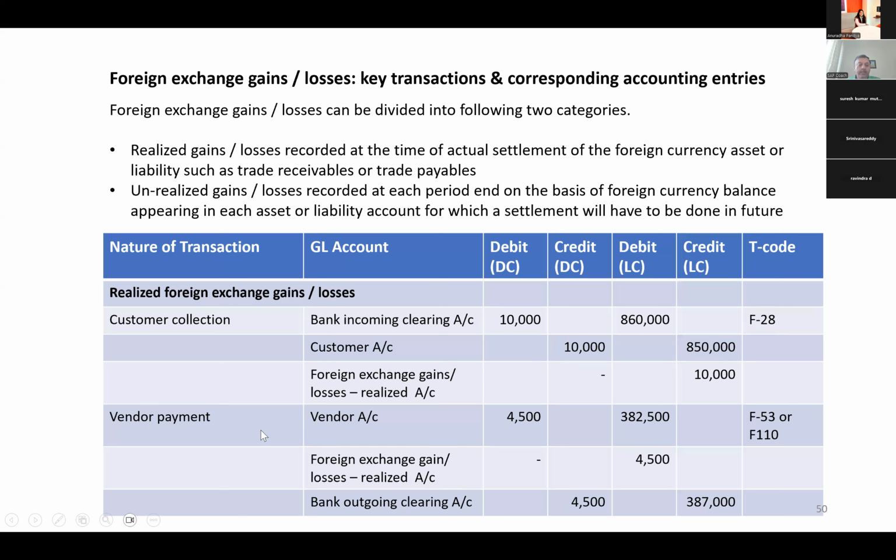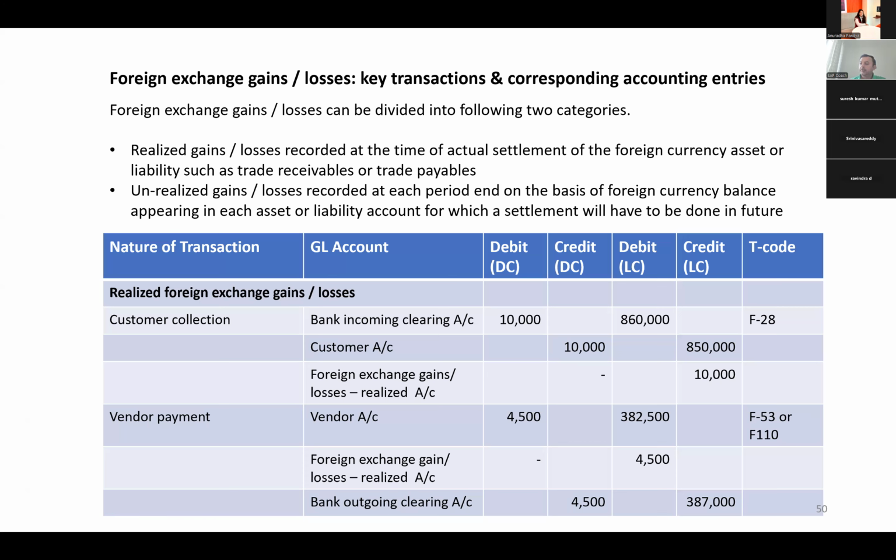Then when I am doing a vendor payment, the vendor account will be debited 4,500. Here I am assuming that a different exchange rate applied at that time. Let me quickly calculate: 382,500 divided by 4,500.